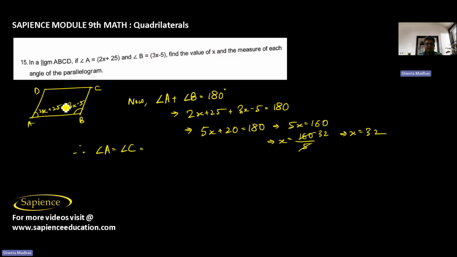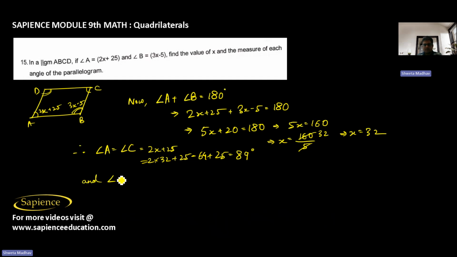Angle A is equal to angle C, since the opposite angles in a parallelogram are equal, and angle B is equal to angle D. So angle A equals angle C, which is 2x plus 25, that is 2 into 32 plus 25, which is 64 plus 25, equal to 89 degrees.